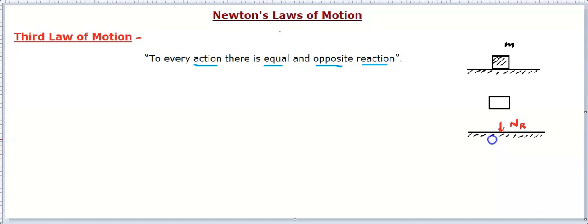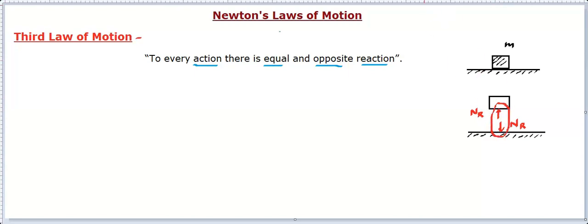Hence, the ground is going to give a reaction to this block, and that is opposite to this. That means the direction will be opposite, so it will be in the upward direction, and it will have the same magnitude. So we can write it as R. We call it the normal reaction, by the way. So this is called an action-reaction pair.